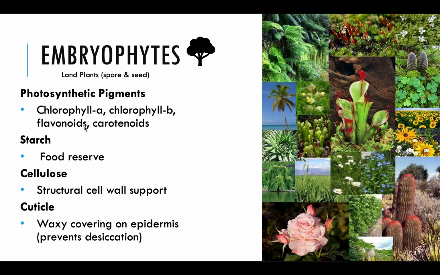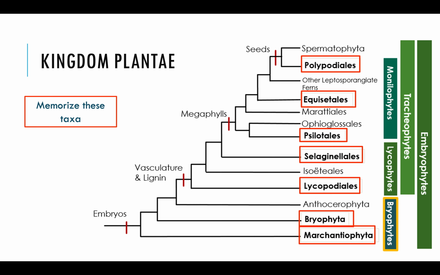And then the other pigments are reflected, resulting in those colors. So starch is our food reserve, okay? Cellulose provides structural cell wall support in plants, and we have this great land adaptation called a waxy cuticle. The cuticle is a waxy covering on the epidermis, or skin top layer, of the leaves, and it helps prevent drying out in plants, also known as desiccation.